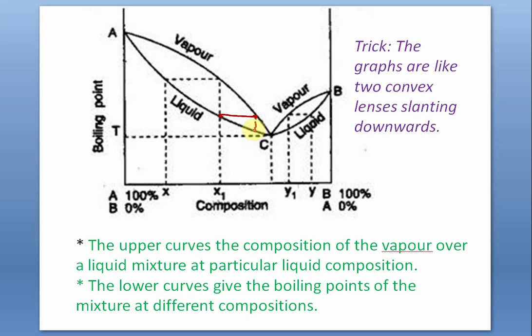Then its boiling point will be lower. When you keep it at its boiling point and collect some vapor, it will have a still higher proportion of ethanol. Finally, you come to this point.